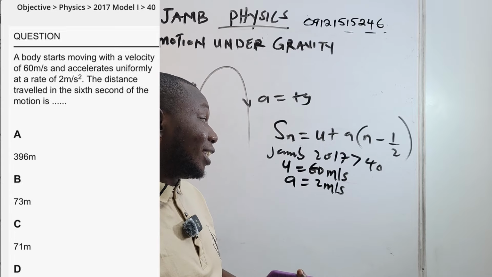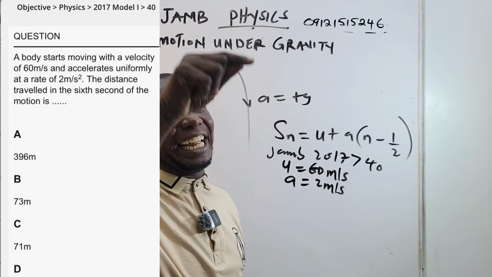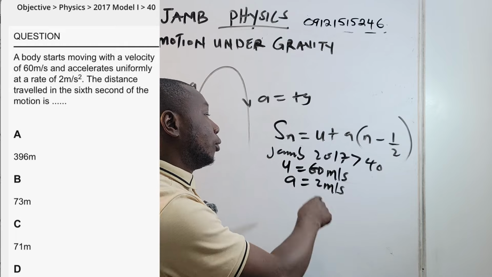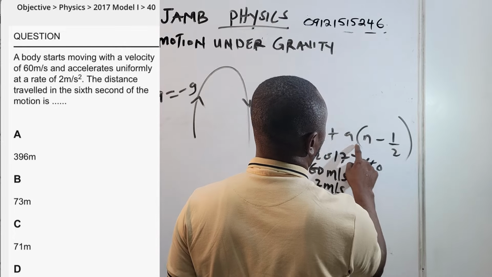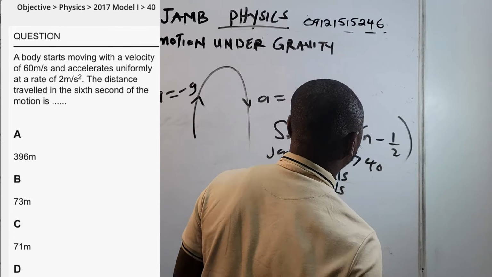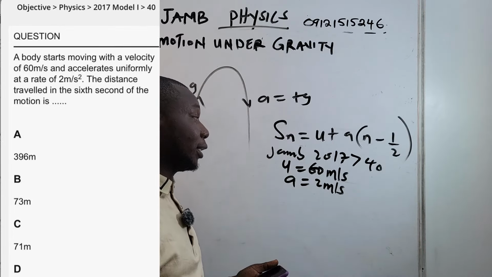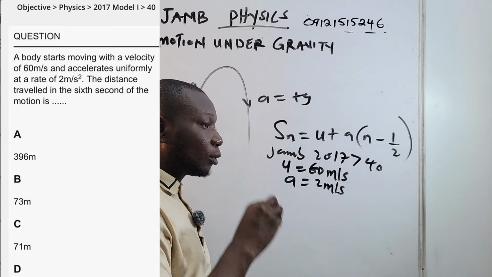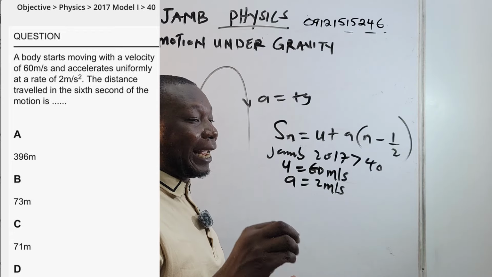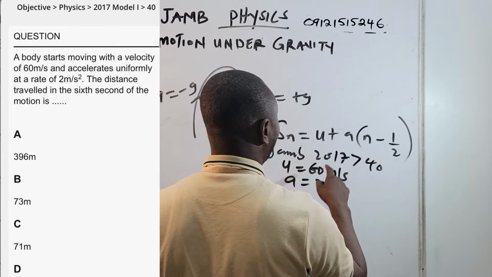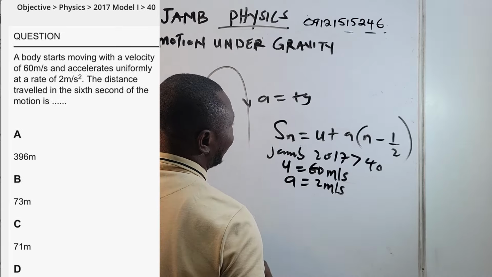So when you are looking for distance traveled in the nth second, you apply this: Sn is u plus a into n minus 1 over 2. It's as simple as that. So let's see what we have.